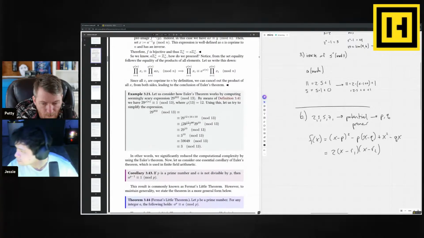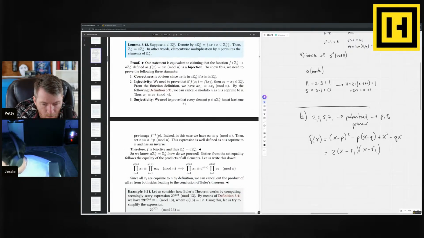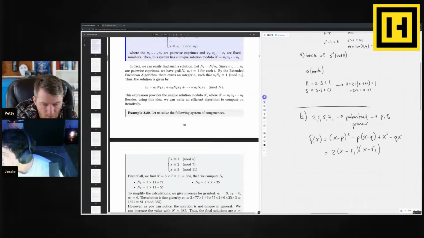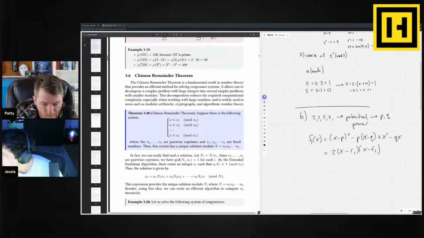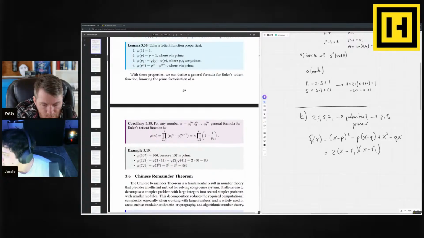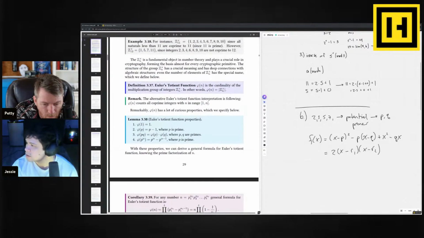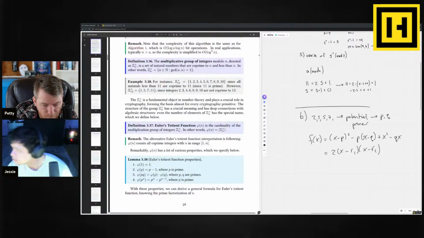Where? No, this is something we did learn about. Is it Chinese remainder theorem, maybe? No. Here we are. Well, there's Euler's totient theorem.